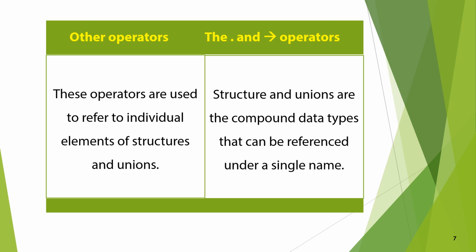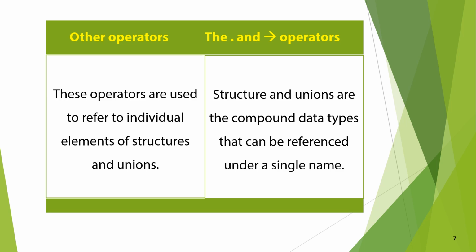The next operators are the dot and arrow operators. These operators are used to refer to or access the elements or members of structures and unions. Now what are structures and unions? These are structured data types in C. They are also called compound data types. These data types can contain heterogeneous data, which means we can store multiple types of data together in a structure or union.